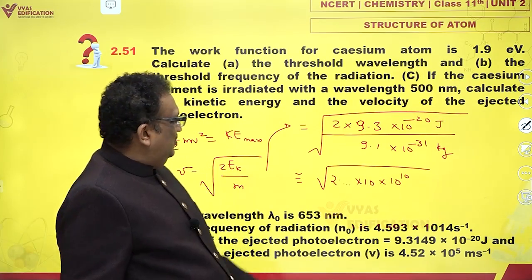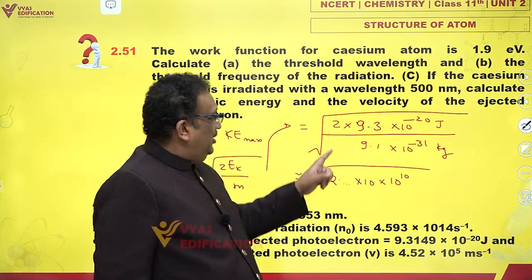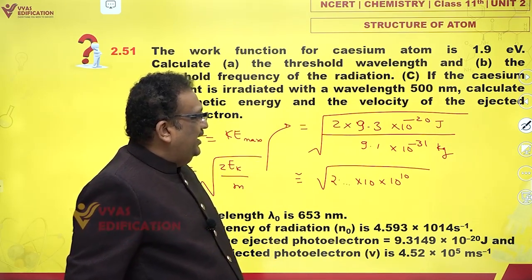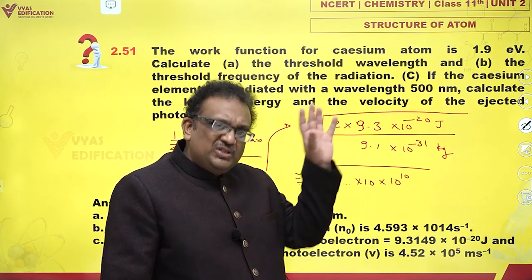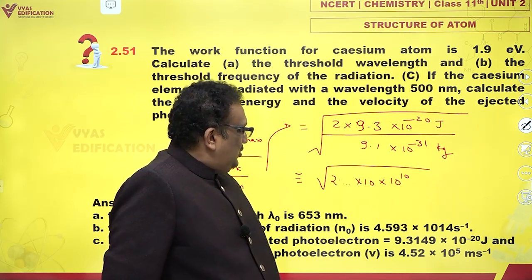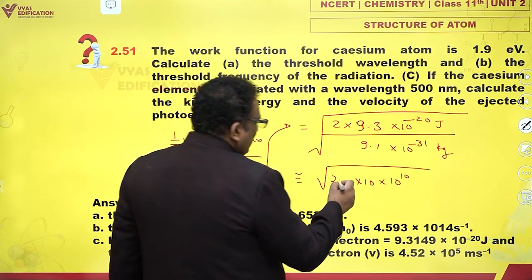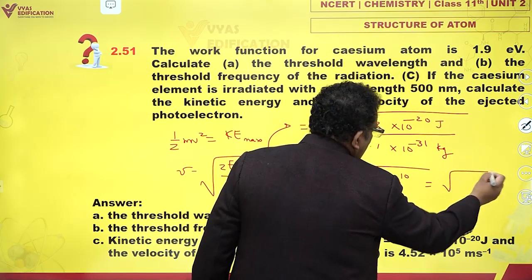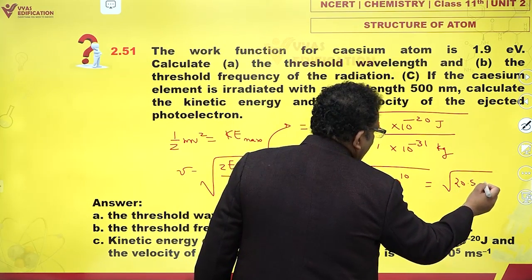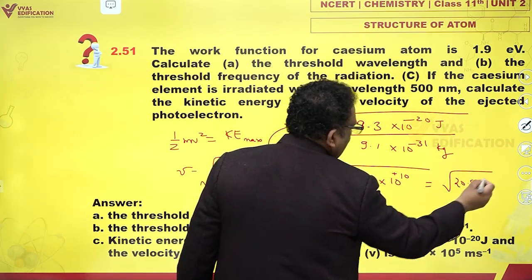Right? A little more than this is 2 point something into 10. Now please note 9.3 by 9.1 will be 1.0 something. That square root will be still smaller. So I assume that, say, this is roughly around 2.05. If this is the case, I would have around 20.5 into 10 raised to minus 10 plus 10, sorry.